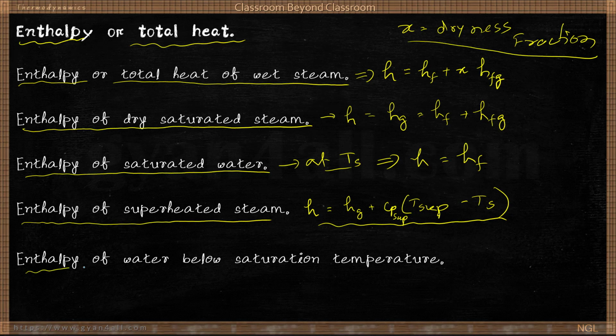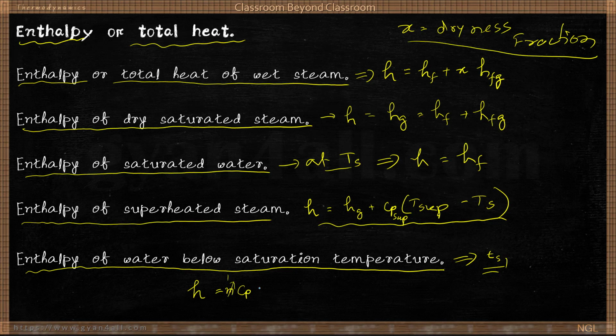We have also discussed the enthalpy of water below saturation temperature. Say the temperature is Ts1. Then H equal to how much? M is 1. Cp, M will be there, but I will cancel it.